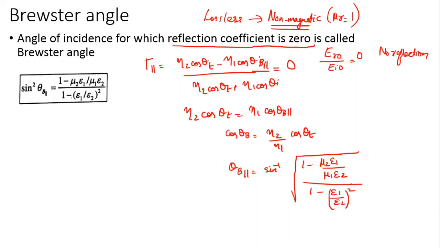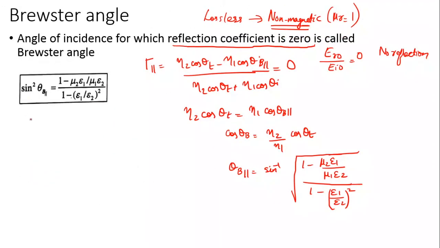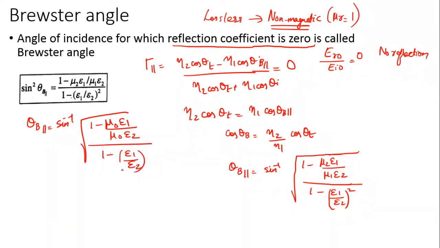So, again you can eliminate this, because when mu r is 1, both mu values will be mu naught. So, how can you write? You can write theta b parallel is equal to sine inverse square root of 1 minus mu naught epsilon 1, as it is a non-magnetic medium, divided by mu naught epsilon 2, divided by 1 minus epsilon 1 by epsilon 2 the whole square.